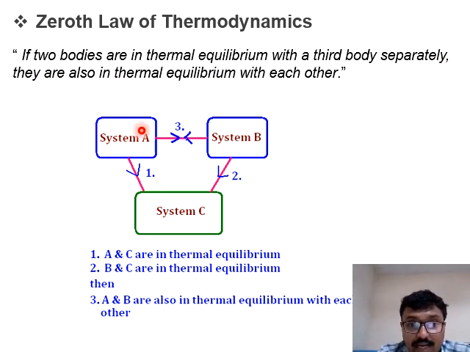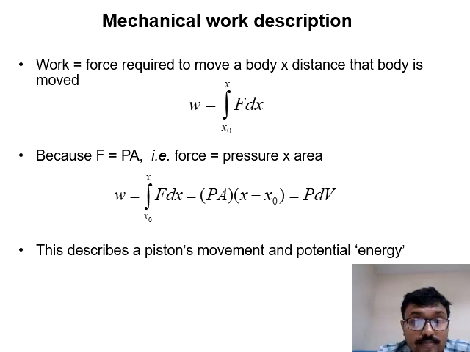Say system A and system B are in thermal equilibrium separately with system C, then A and B will also be in thermal equilibrium. Again, if system A is in equilibrium with C and system B is in thermal equilibrium with C, it means systems A and B are also in thermal equilibrium. So this is called the zeroth law of thermodynamics.